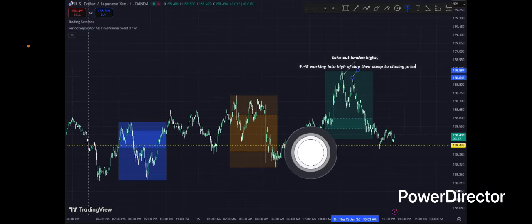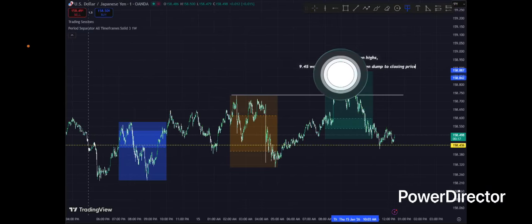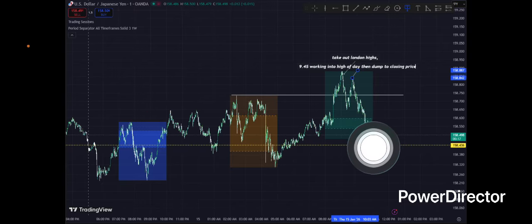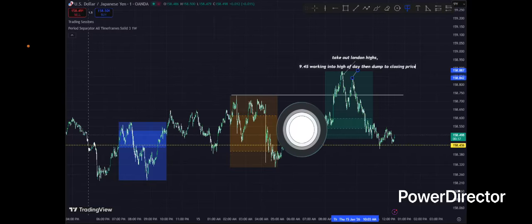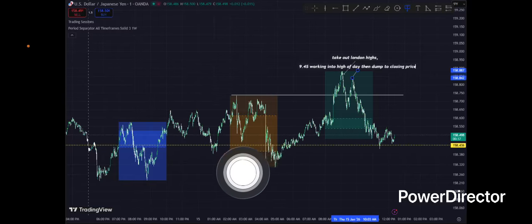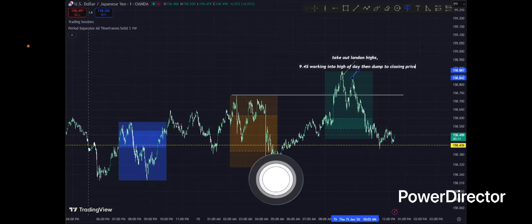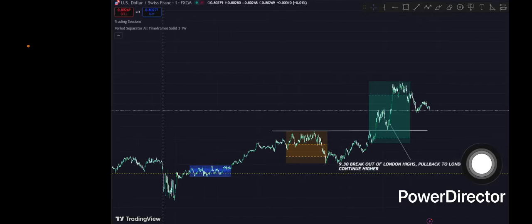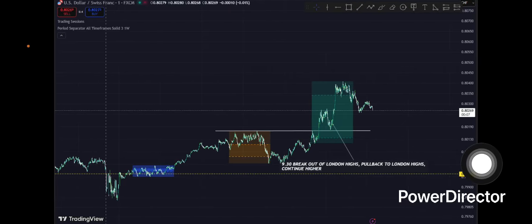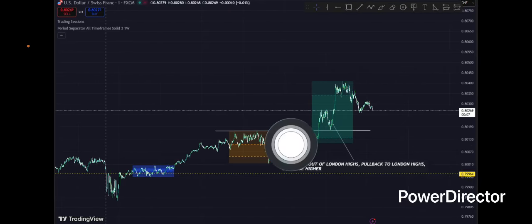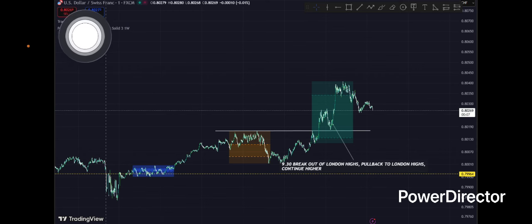All right, because we have these 8 a.m. lows. Okay, we go right through those 8 a.m. lows. There's liquidity there too, okay? But we want to focus on these external points of liquidity. We want to trade on the outside of the market, right?